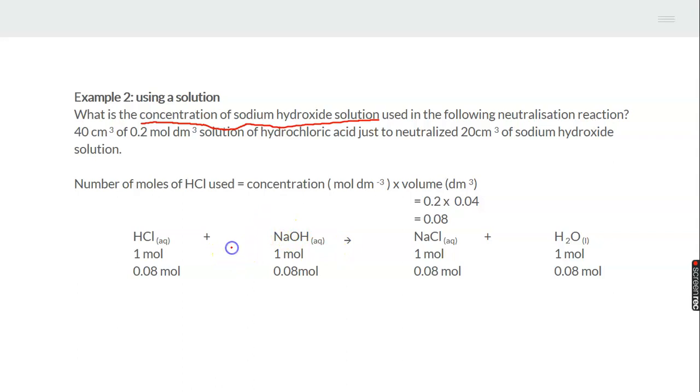It is very, very important. So here you have to calculate the number of moles of hydrochloric acid because you were not given it. You are given the volume, you are given the molarity, so you can calculate the number of moles, which is 0.08. You don't know the number of moles of sodium hydroxide, but because they are in ratio 1:1, definitely before they can neutralize each other, they must be in the same ratio. So that's it there.